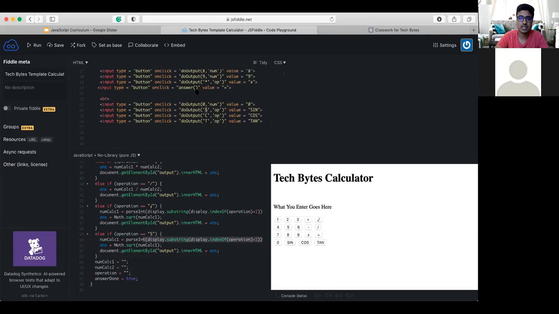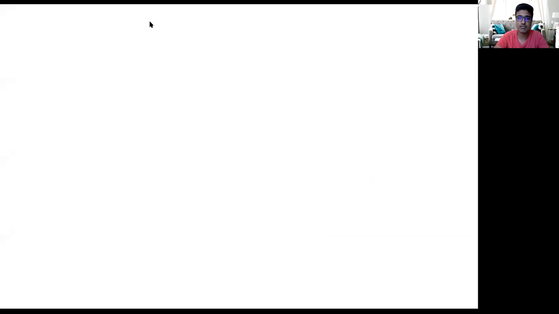So in this case, if we take a look at the whiteboard, say I do sine of 45. The code which we have written right now is going to extract all the numbers beginning at the number 4 all the way till the end, meaning our code would substring the number 45 and then take the sine of 45 degrees.